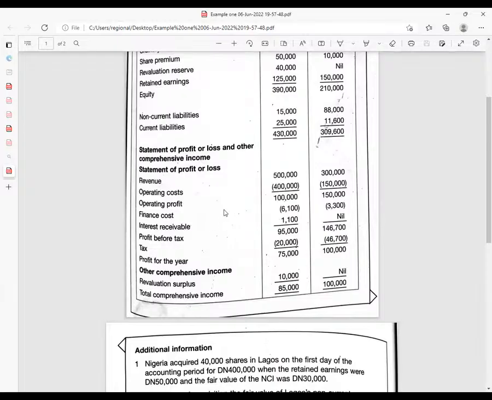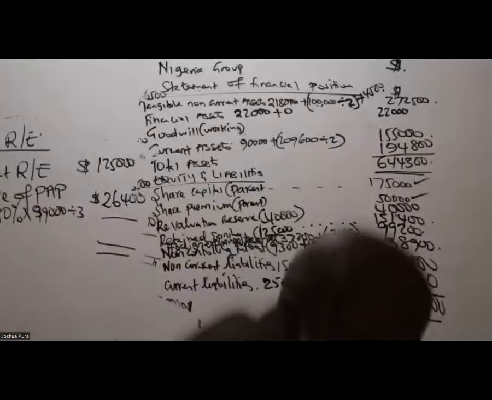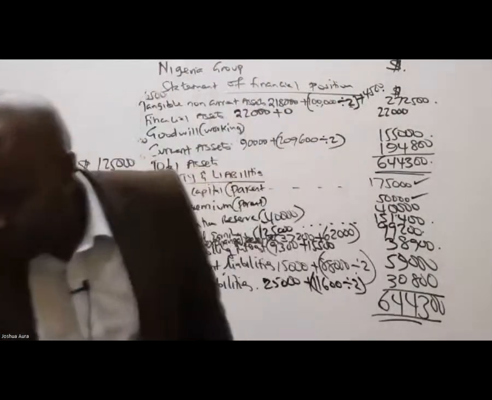So what I'll do is write the name first. We write the name of the group. The group is called Nigeria.